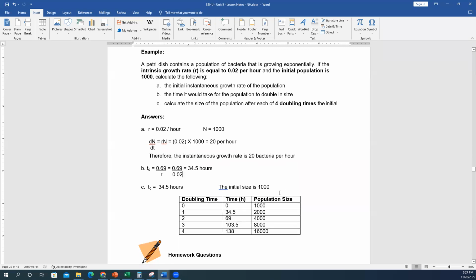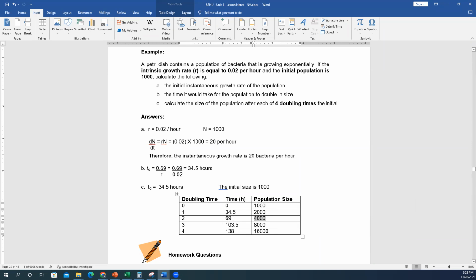So initially at time 0, we started out with a population size of 1,000, and this is just a simple T-chart you guys are familiar with. The first doubling happens after 34.5 hours. So you double 1,000, you get 2,000. After another 34.5 hours, you're at 69 hours, and now this population of 2,000 has doubled again, so we're at 4,000.